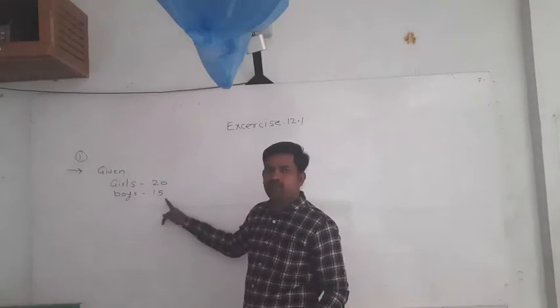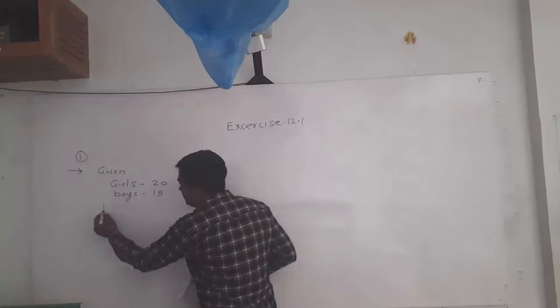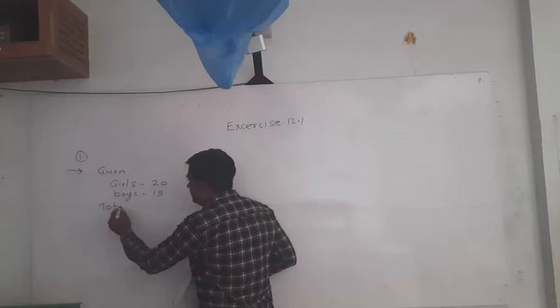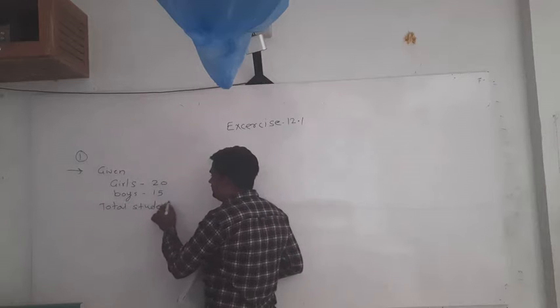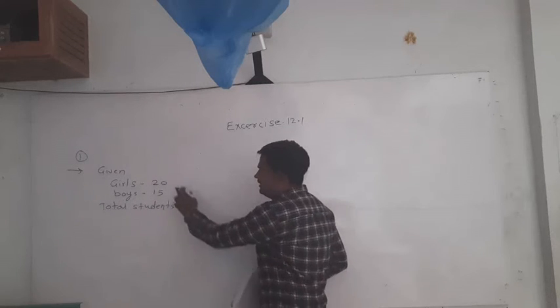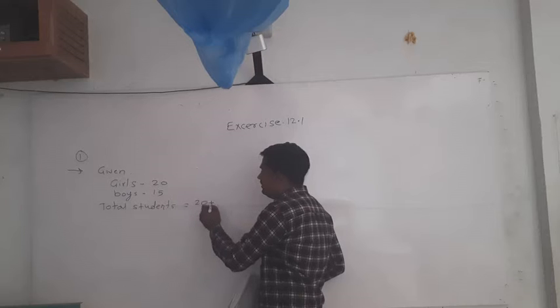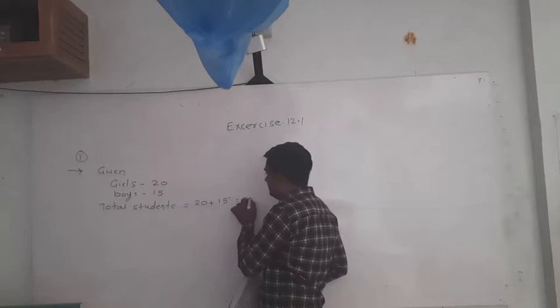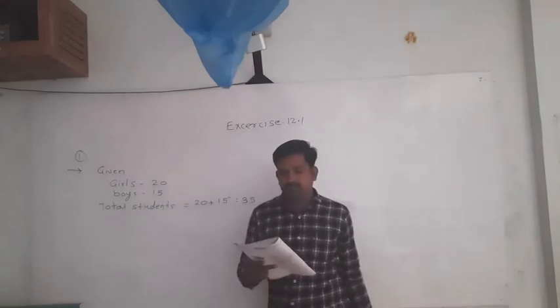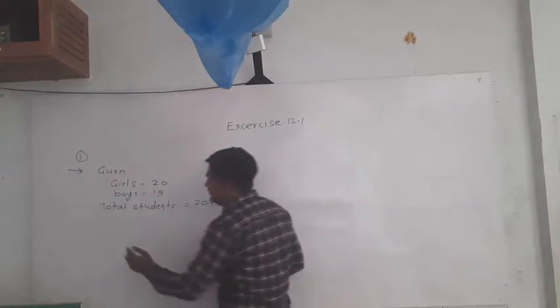How many boys? 15 boys. So total students in the class, how many? Find out. Total students is equal to girls 20 plus boys 15. How many total students are there? 35.